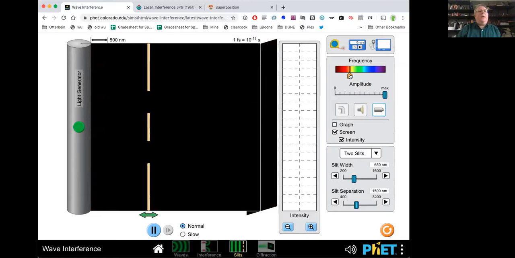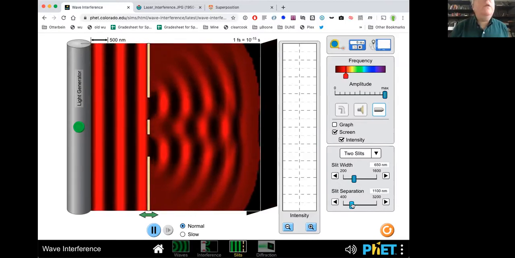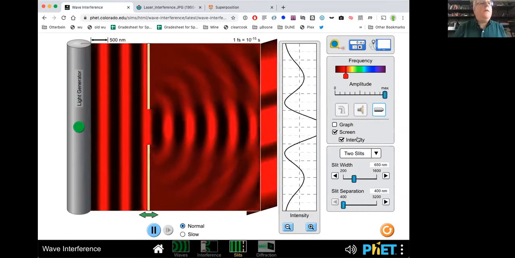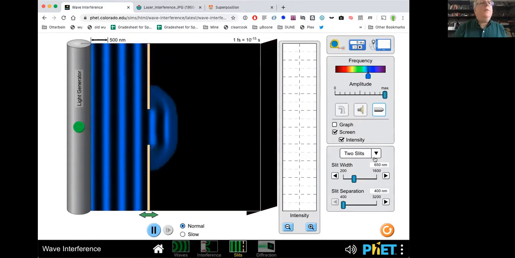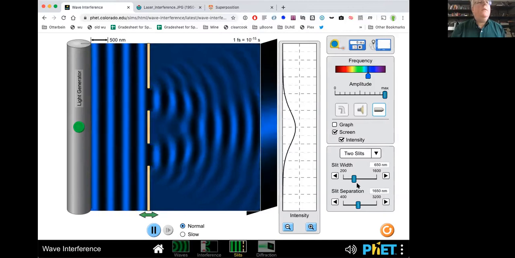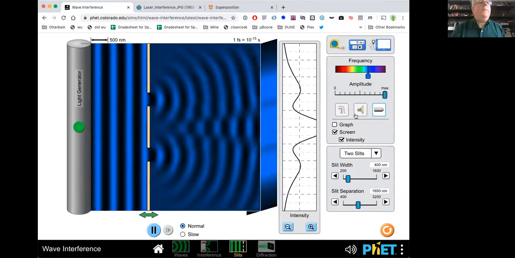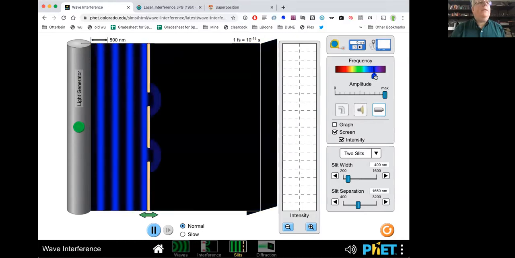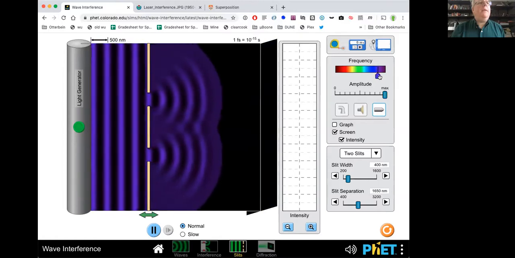Now, let me decrease the slit separation here, make that smaller. Oops, my slit separation is 0. That's no good. I'll make that a little smaller. So as I bring up the wavelength, this is going to become more and more bumpy.